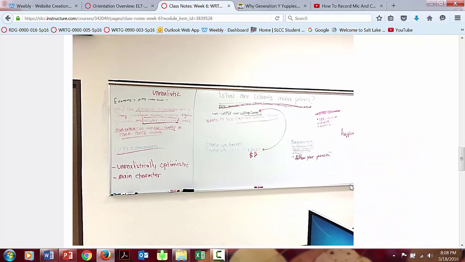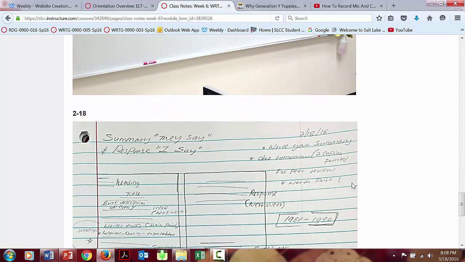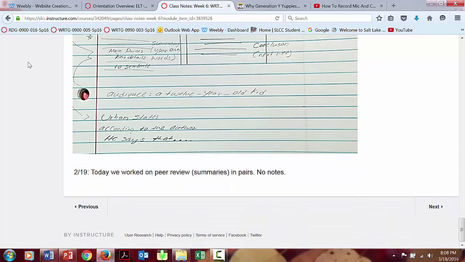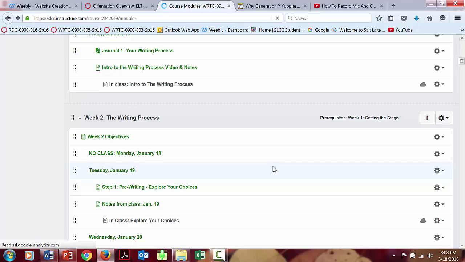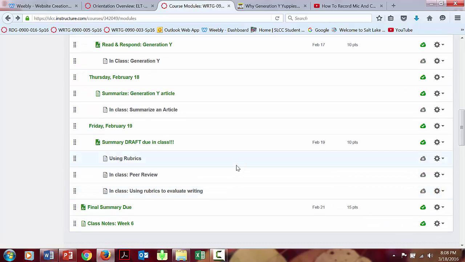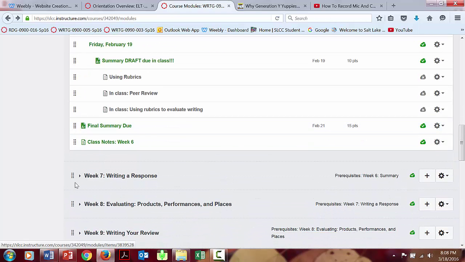I also take pictures of the whiteboards if we brainstorm or if they do work there. This came about because we had so many accommodation letters this semester, and rather than choosing one note taker, the whole class felt it's beneficial for everyone to do notes, so we just made it an assignment.